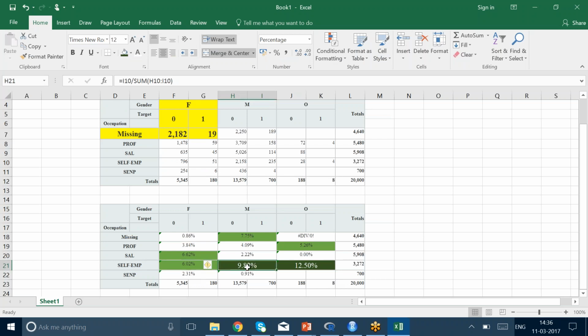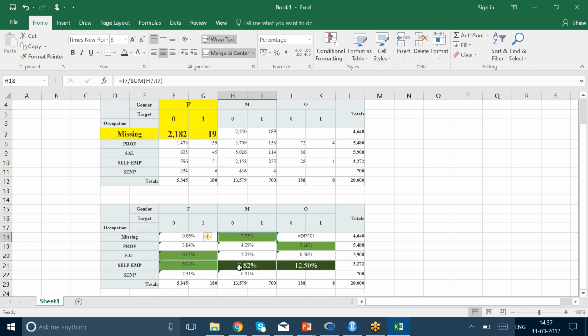Now, if I say I want slightly more base to target, what I can see is that even self-employed female is low propensity compared to missing male, which means just going by self-employed and then targeting all may not be a right idea.